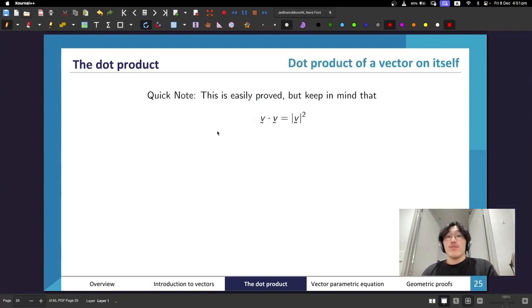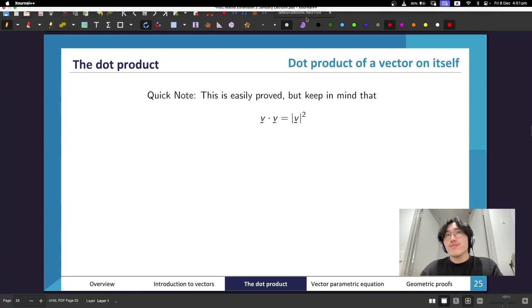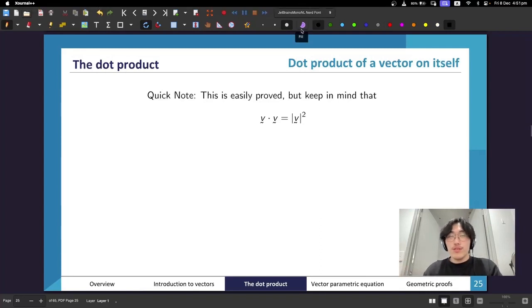All right, and we get this important result from the dot product, that v dot v equals the magnitude of v squared. Let's prove it. One of my favorite things to do in maths is proving things. When we prove things, it'll be important for those of you who haven't done proofs, because we're going to be doing geometric proofs later.